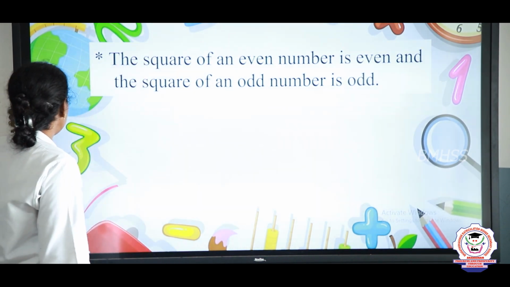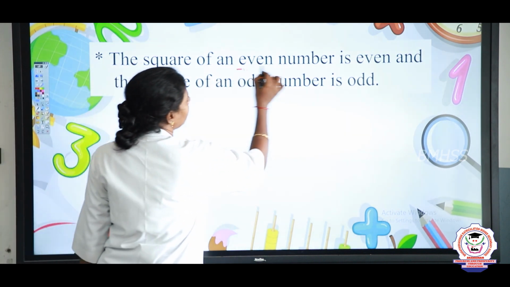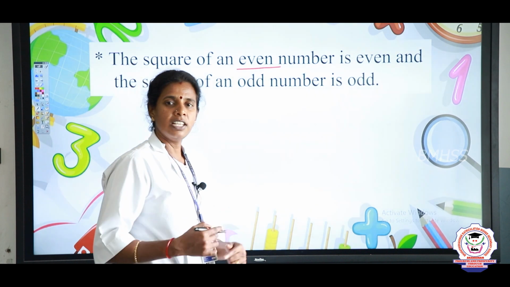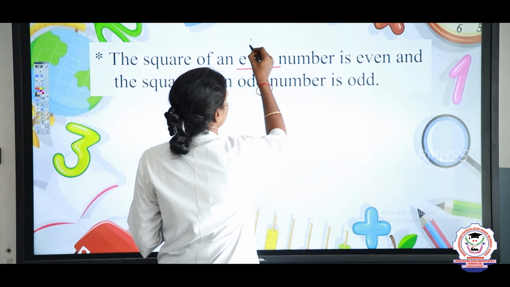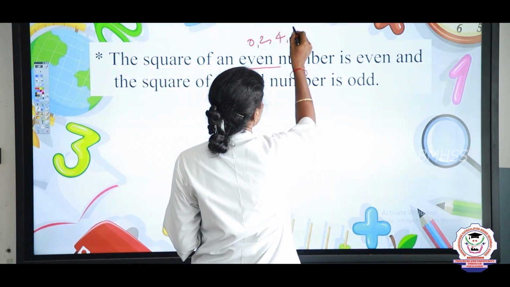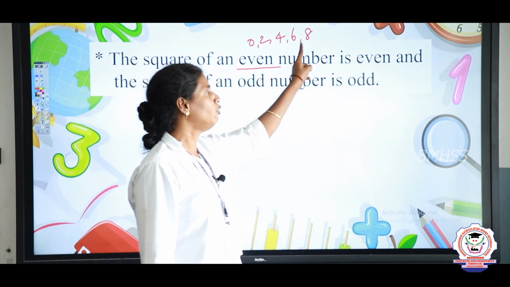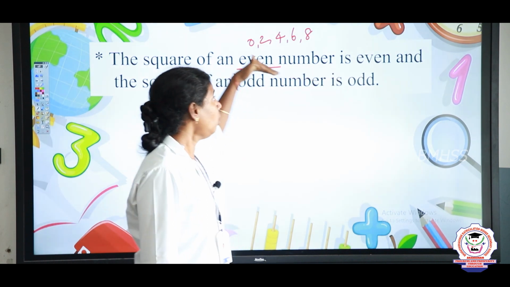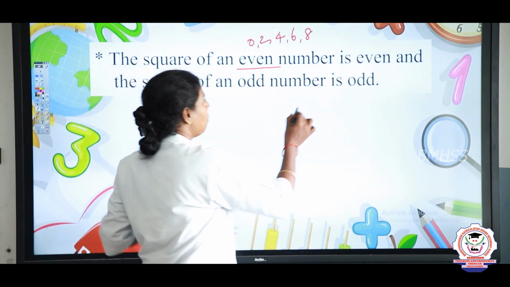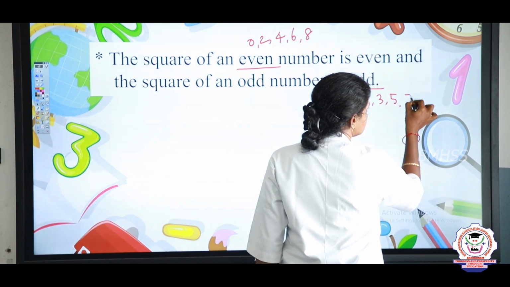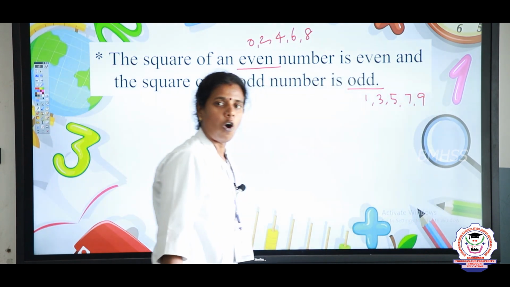We will see examples with even numbers. Even numbers are the numbers which end by 0, 2, 4, 6 and 8, and the numbers which end by 1, 3, 5, 7 and 9 are odd numbers.